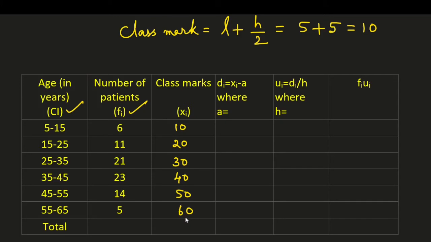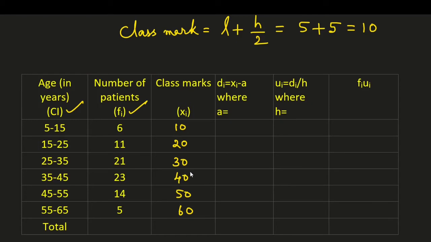Now let us employ the assumed mean method or deviation method, or we can employ the step deviation method. First let us write deviations here. To write the deviations, we have to assume some mean. Let us take either 30 or 40 as assumed mean.